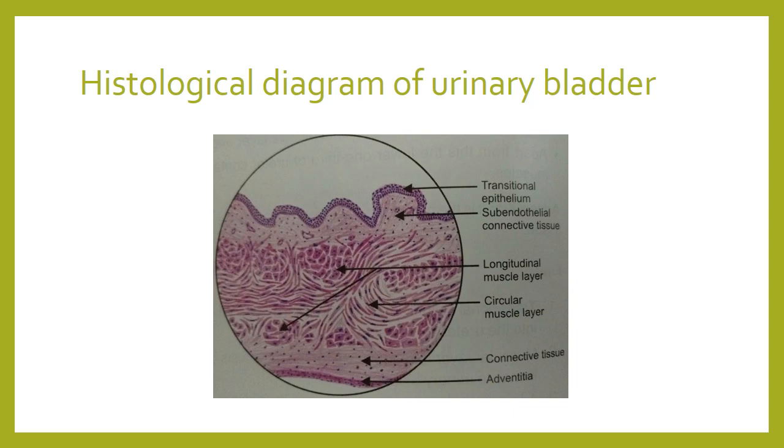And then comes the adventitia, which is fibroelastic connective tissue with no mesothelial lining. So this completes your practical on urinary bladder.